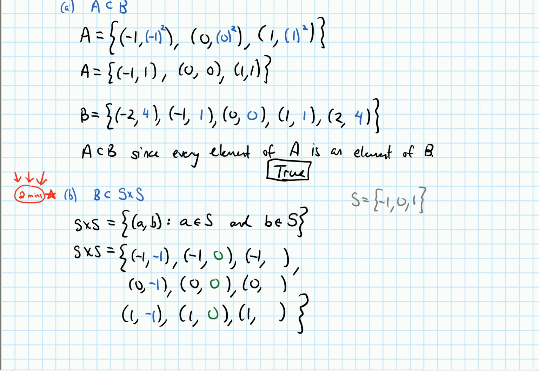And it could also be positive 1, so let me put 1s down there. Overall, notice that there's 9 ordered pairs. That makes sense because there were three choices for the first coordinate, a, and three choices for the second coordinate, b, and 3 times 3 gives us 9, which is how many elements we have total.